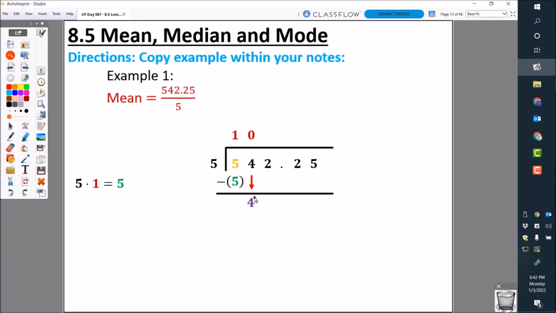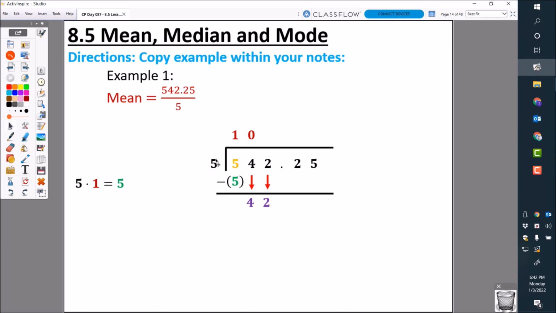But that 4 doesn't go away. That 4 is still there because we haven't messed with it, we haven't used it. So after I put the 0 above 4, we're going to go over to the next number inside the division, which is 2, and we're going to bring it down. So instead of 4, which we had initially, now we have 42.